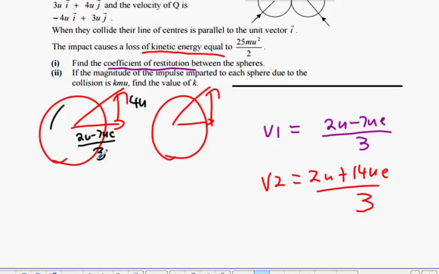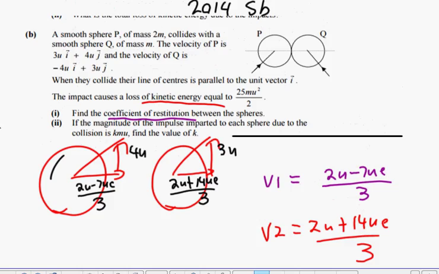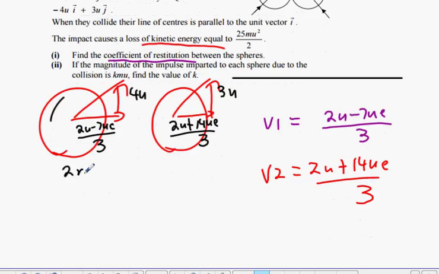The v2 component: 3u in the y direction and 2u plus 14ue all over 3. Now here's what I'm going to have to do, unfortunately. The masses are 2m and m. Here's the fun part.